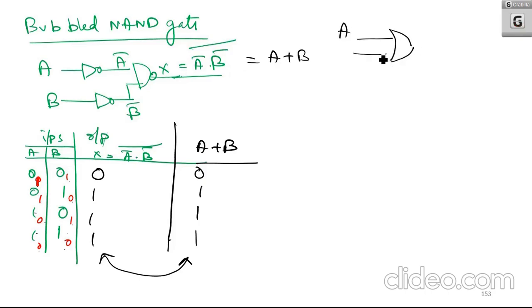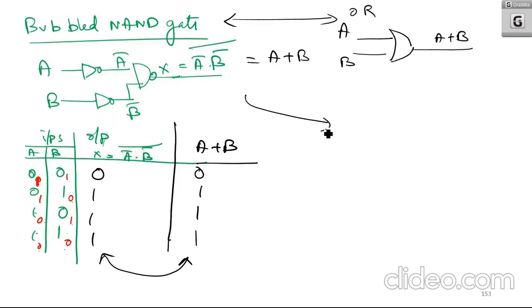So A, B, let's use A or B. So that is basically an OR gate. Therefore, bubbled NAND gate is equivalent to an OR gate. So if you are representing this in a simplified form, you will get A, B, this bubbled NAND.